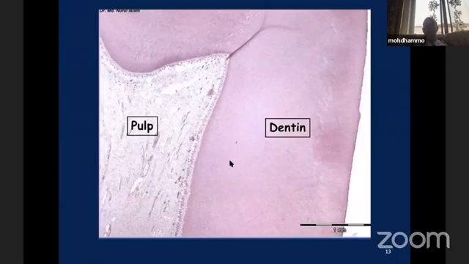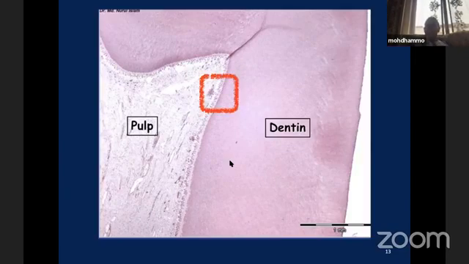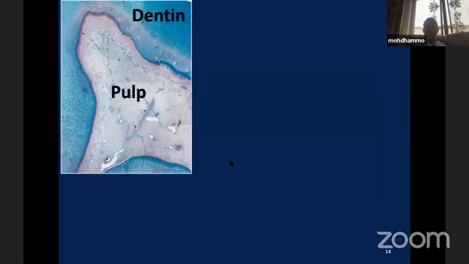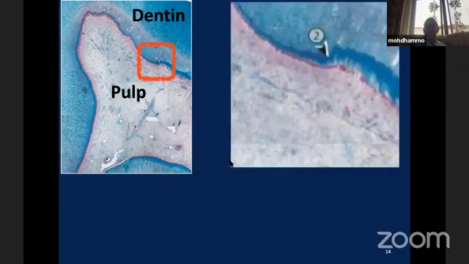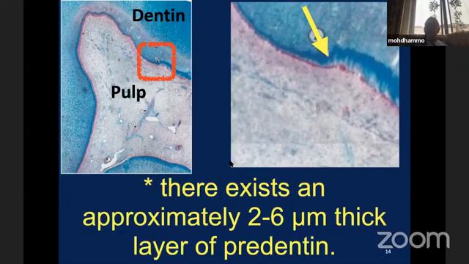So here is a look at the pulp and dentine. If we look closer at the junction between the pulp and the dentine, we can notice a layer between 2 to 6 micron thickness. It is called predentine. Please remember this name, predentine, because it is very important in our topic today.